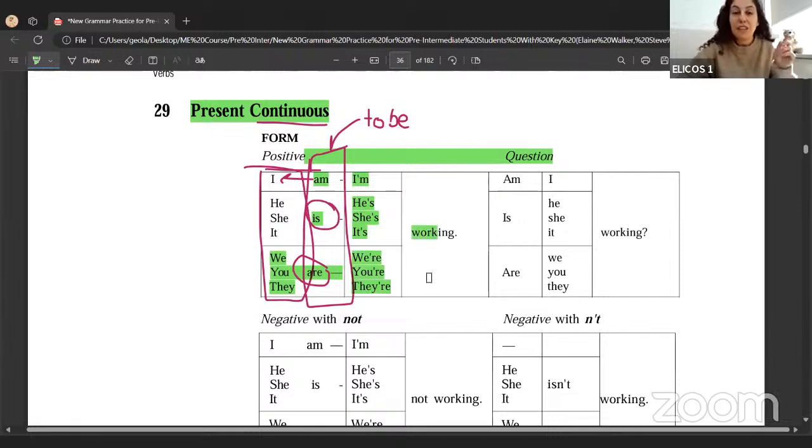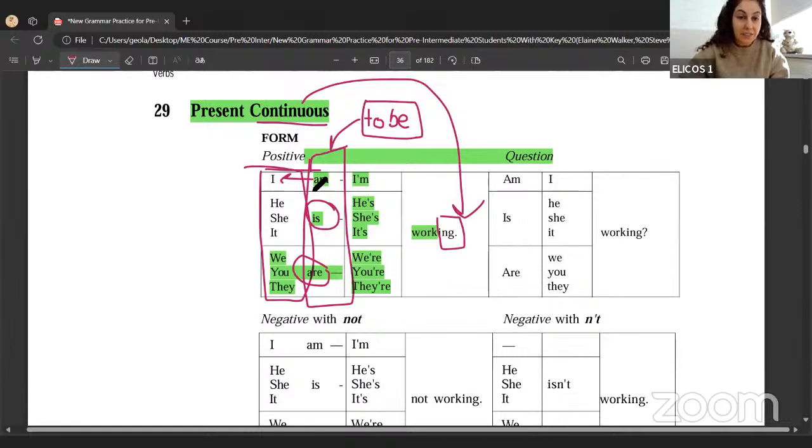But now, if you look at the verb, there is an ing ending. Not like before, there's an ing in the continuous. So there's two things in the continuous. There's the verb to be after the subject. So you've got your subject, then you've got your verb to be, and then the action with the ing.